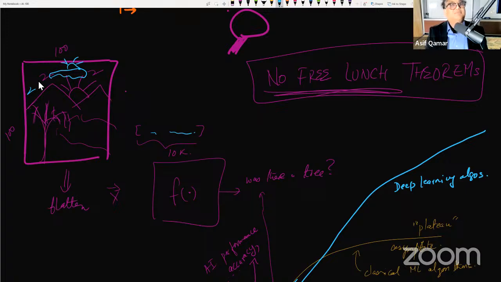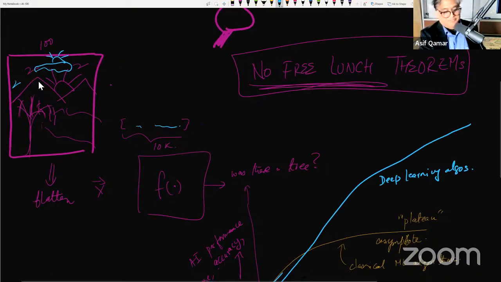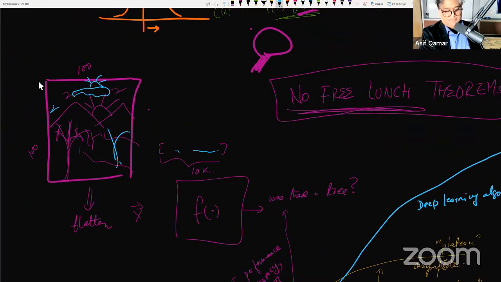Right? It means if I move the tree from here to here, somehow the neural network should have a representation in which the representation also has just moved a little bit, but the tree has remained a tree.